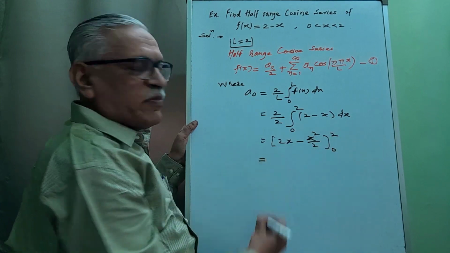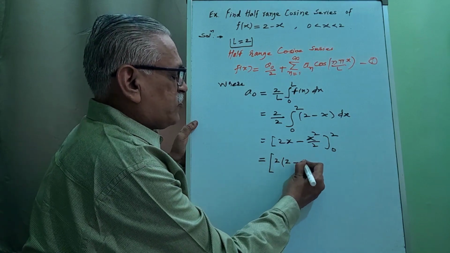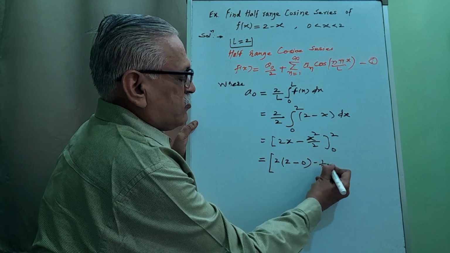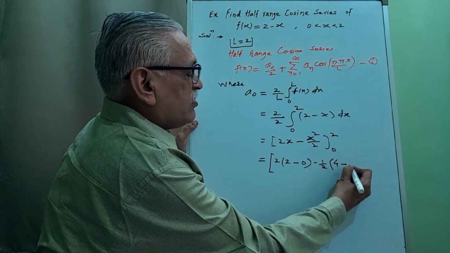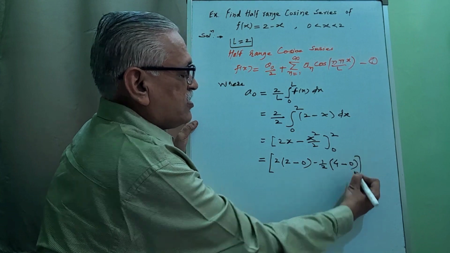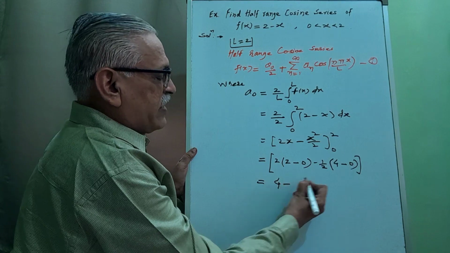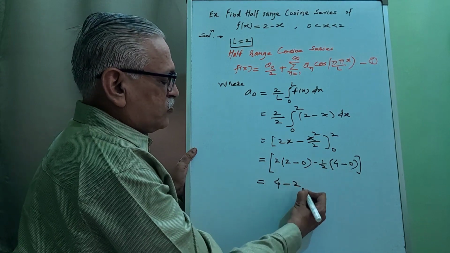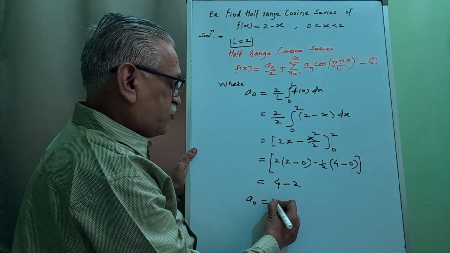Substituting upper and lower limits, we get 2 into 2, minus 1 by 2 into 2 square which is 4. Simplifying, we get 4 minus 4 by 2, and therefore the value of a0 is 2.